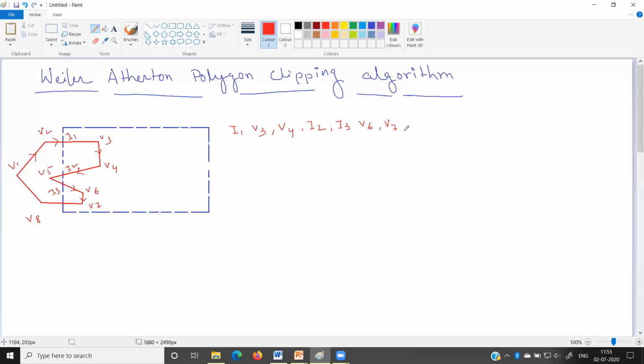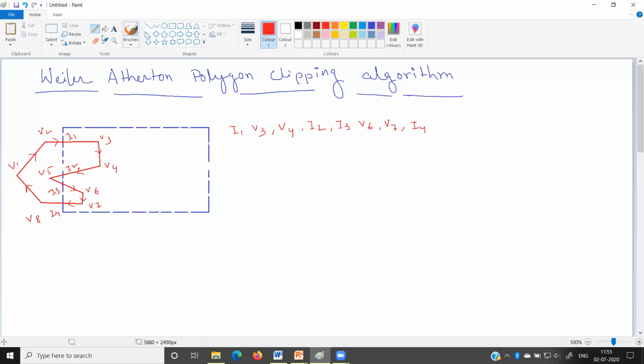So I need to store only v7. And while I am moving from v7 to v8, let us say this intersection point is I4. So I need to store only the intersection point I4. Now, while we are moving from v8 to v1, both points are outside, so I don't need to save anything. So finally, this is my clipped polygon.